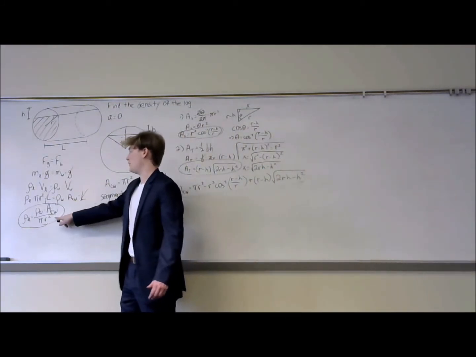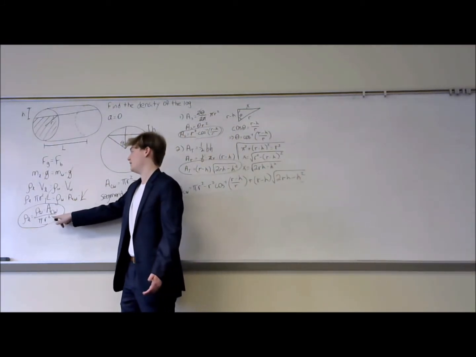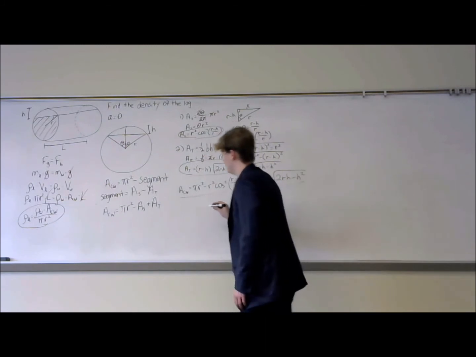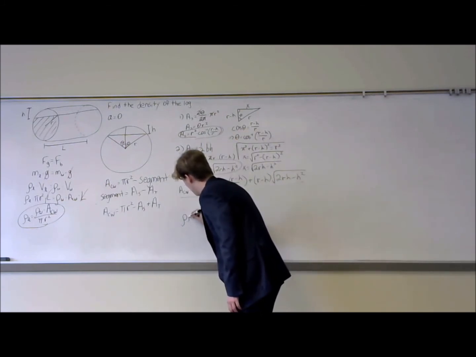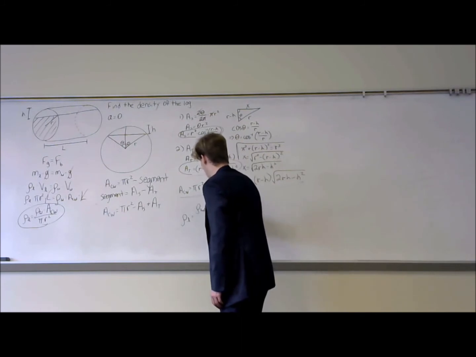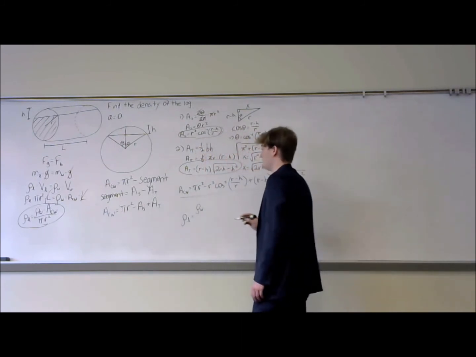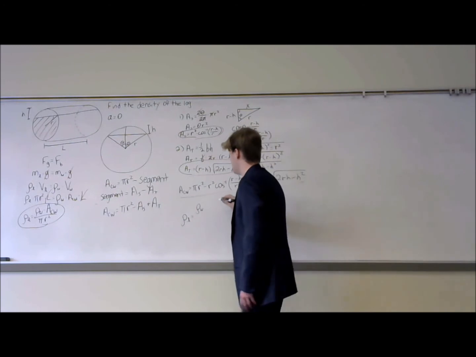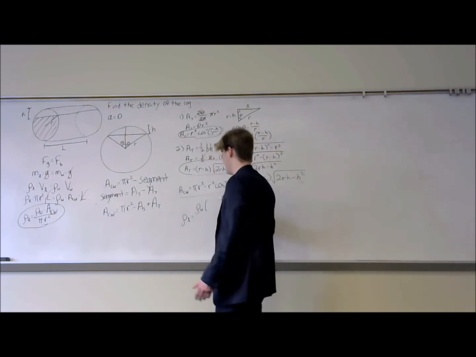And now that we have the cross-sectional area of the displaced water, we can plug that into the very first equation we have, solving for the density of the log. So if we do that, we get the density of the log, rho of L, equals the rho of water, which is usually given, rho of water, I'm just going to put that there for now, times this cross-sectional area. Let me write this down. Again, it's a mouthful.